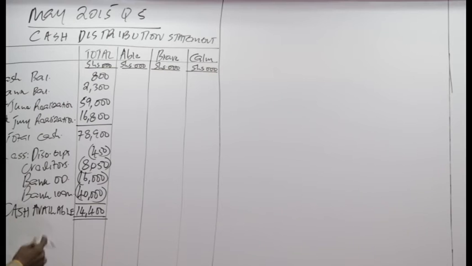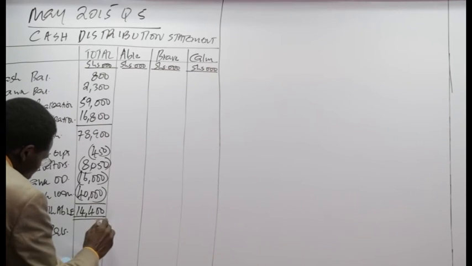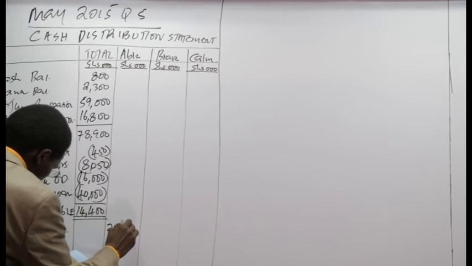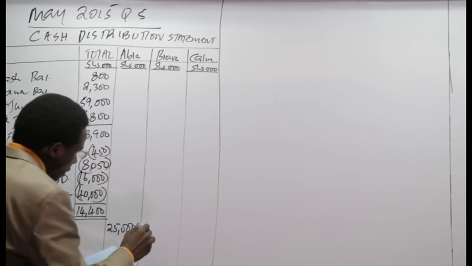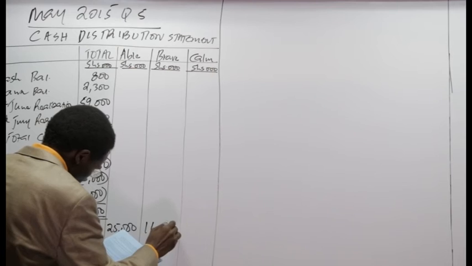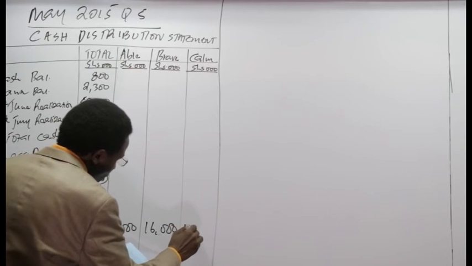So I come and now, after this, I find out the difference between the cash available and the total capital balance. So I must bring down the capital. The capital balances for Able, 25,000. For Brave, 16,000. For Calm, 10,000.